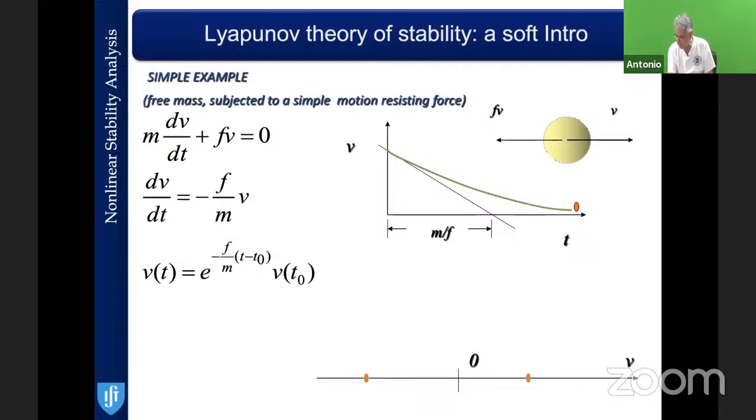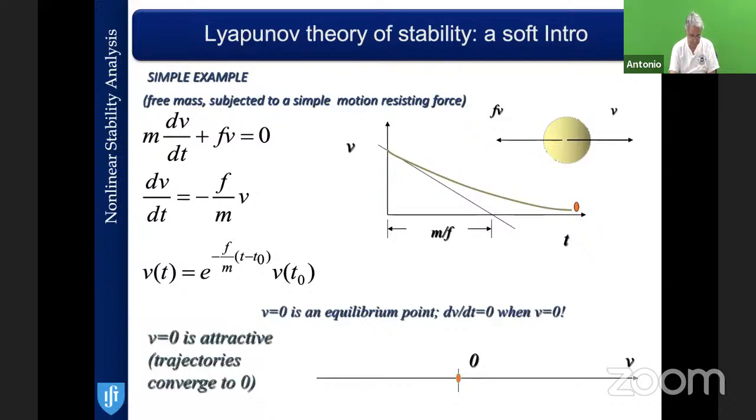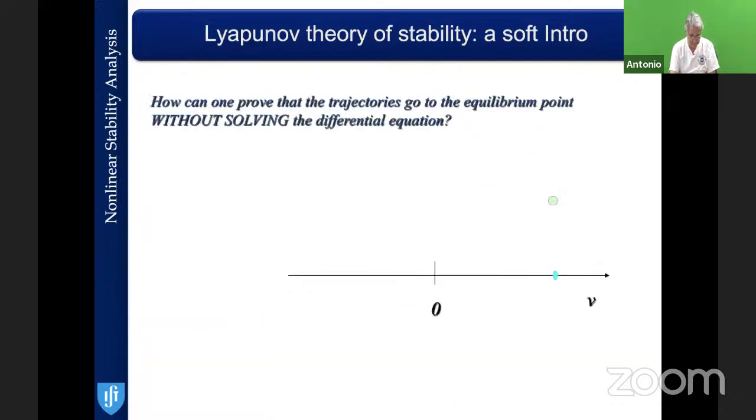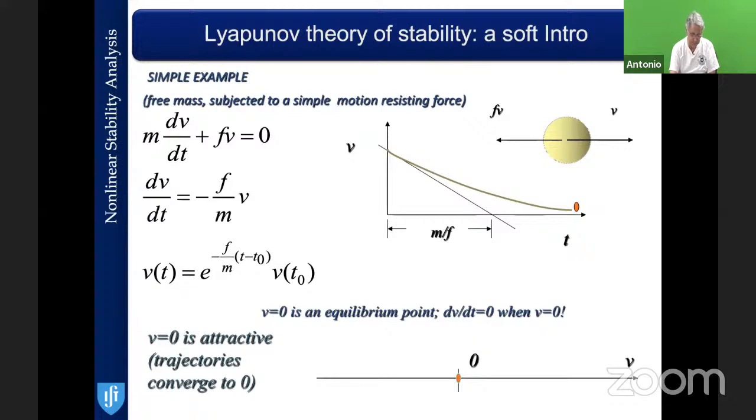So then you can show that if v is positive and v dot is negative, they will go to zero. So no problem about that. All right. So there's some lingo here that people are starting to use. When you have a differential equation, you call an equilibrium point the point at which nothing moves.